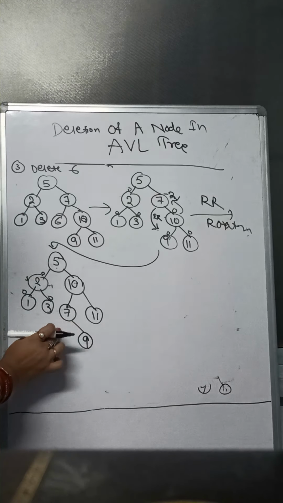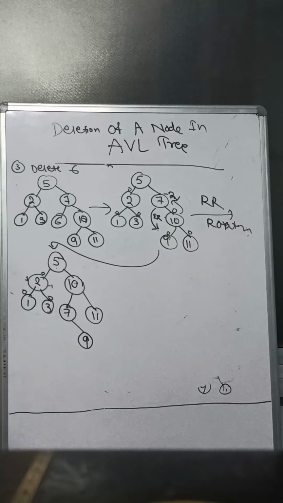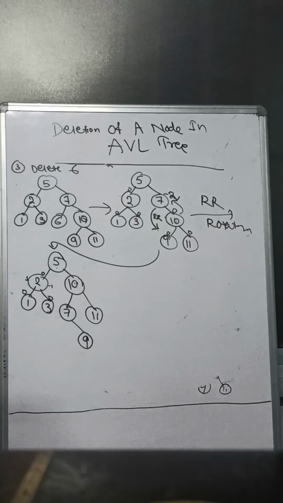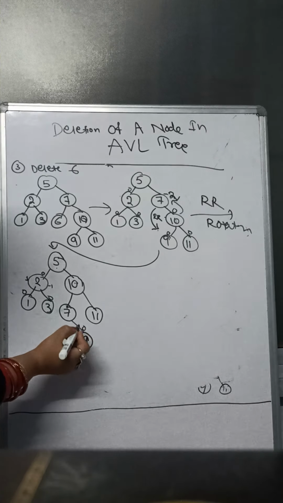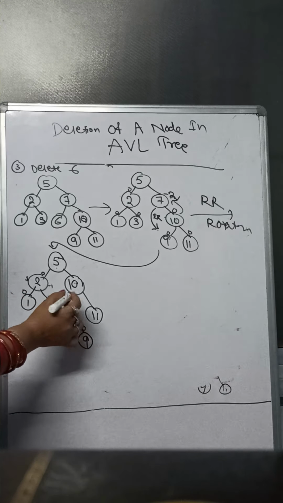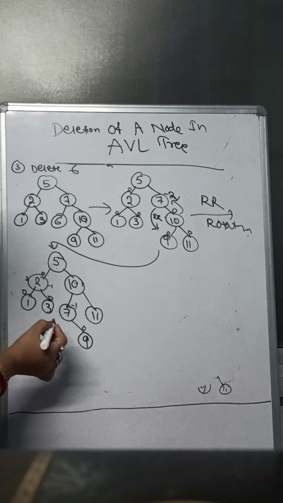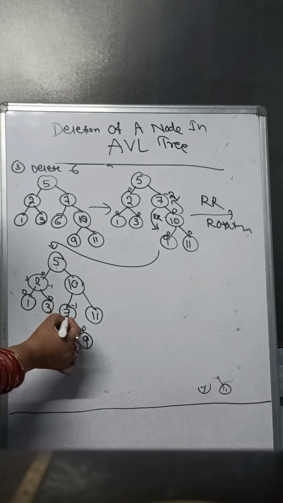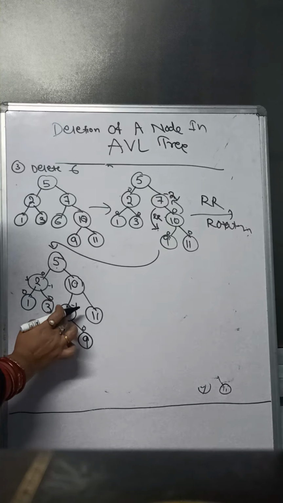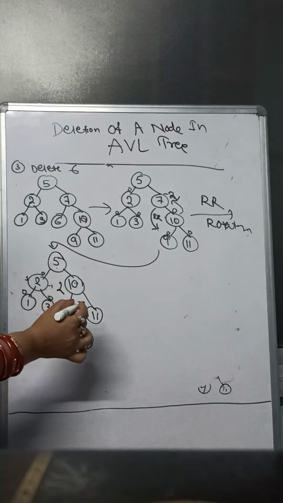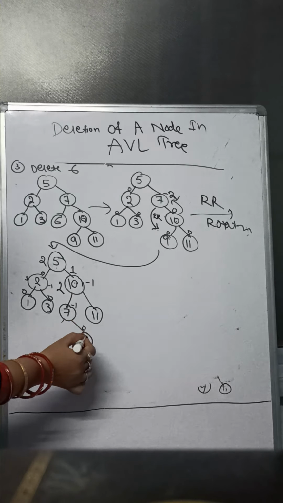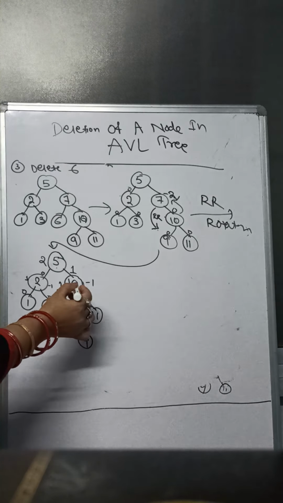Right part present, left part is not there. Then your 0, -1, 0, -1, then 0, 1, 2, 0, 0, -1, -2, -3.